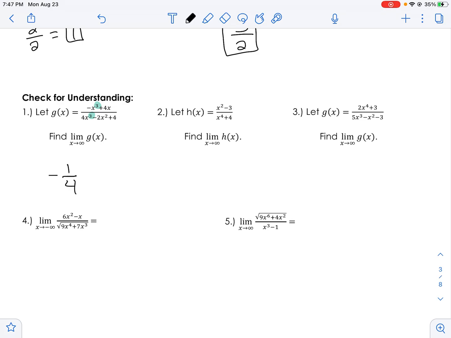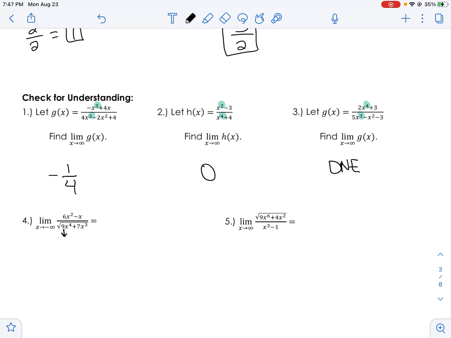Looking at number 2, my degree is bigger on bottom. 4 is bigger than 2, so therefore my limit would be 0. Number 3, my degree is bigger on top. 4 is bigger than 3, which means my limit does not exist.